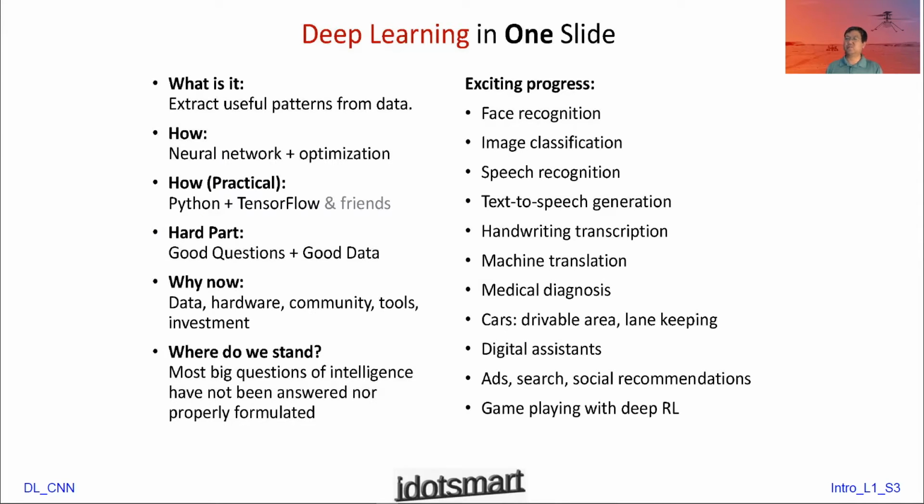What is the current progress we have? We have achieved a lot in facial recognition, image classification, speech recognition, and machine translation, and pretty big progress in autonomous car driving, like Tesla is doing. We made some progress in all these areas before, but what's the difference?